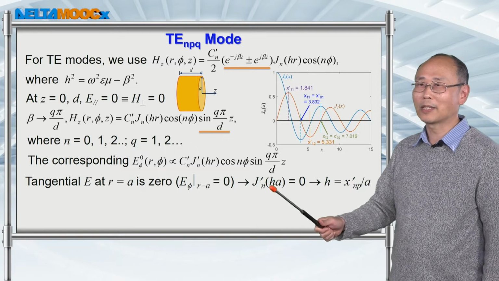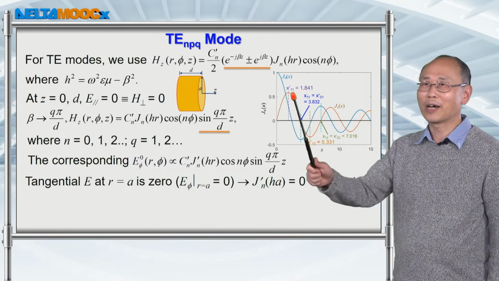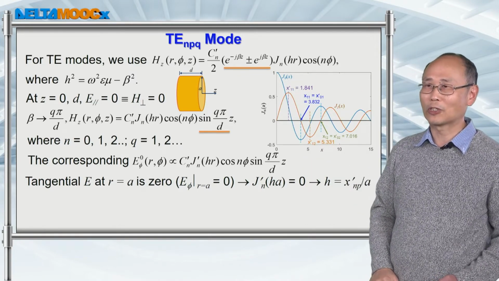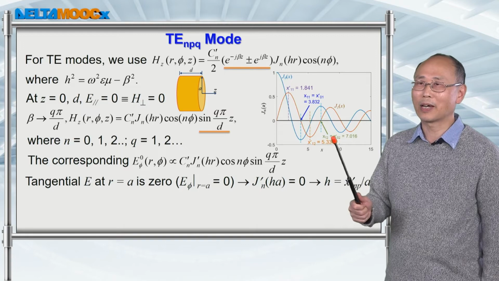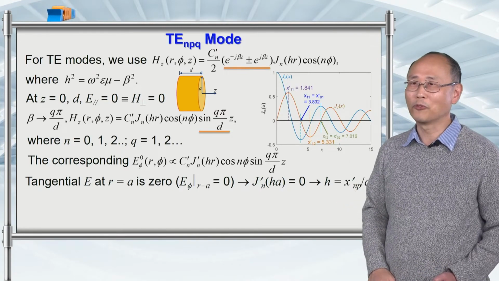So this means that this h is related to the zero of the differentiation of the Bessel function. And I put this diagram here to remind you that we have discussed this before.